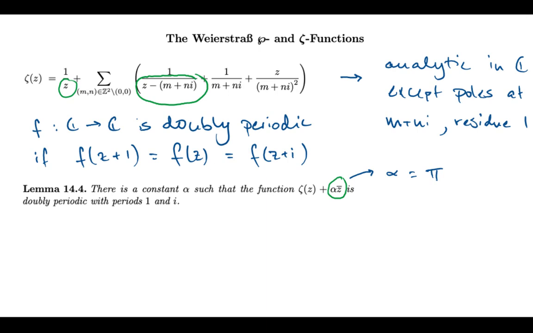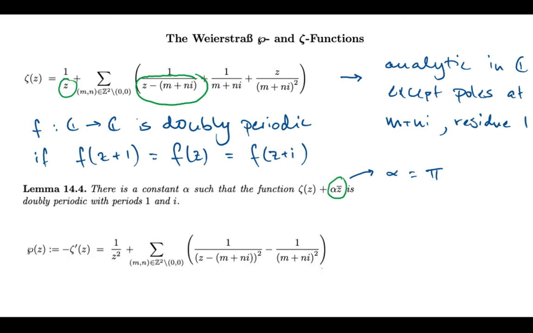The main ingredient for this lemma is what's called the Weierstrass p function. This is the derivative of the Weierstrass zeta function up to a sign. And again, this will be a function that's analytic everywhere except for poles at Gaussian integers. Now these are double poles, but one advantage of the p function is that it is doubly periodic from the start.